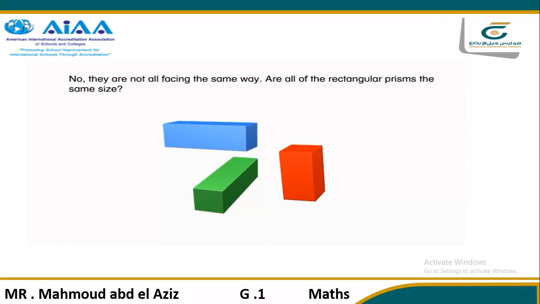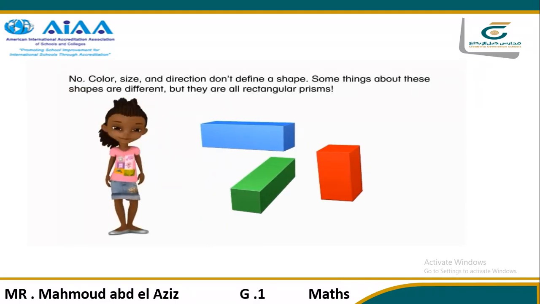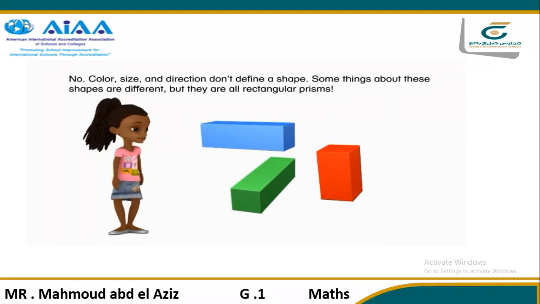Are all of the rectangular prisms the same size? No, they are not all the same size. Does size or position determine if the shapes are rectangular prisms? No. Color, size, and direction don't define a shape. Some things about these shapes are different, but they are all rectangular prisms.